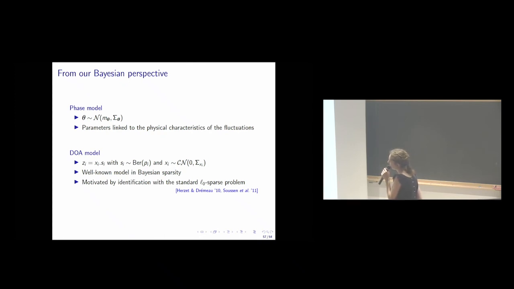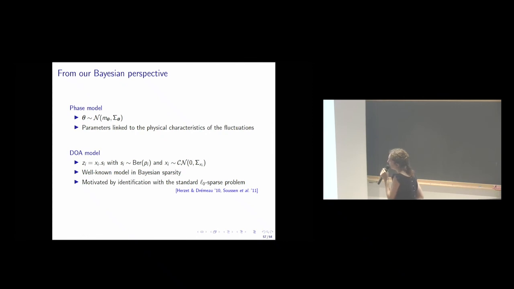What is important to mention here is that in that particular correlation matrix, you can put every physical information you have on the medium. For example, in underwater acoustics, you can have some information about the coherence radius of your measurements, and this can be taken into account in this particular probabilistic parameter.